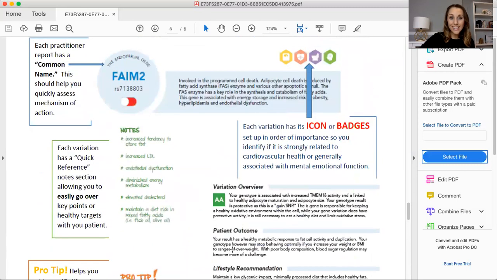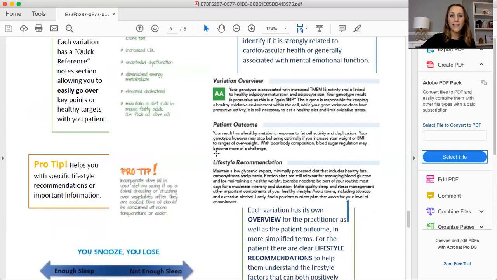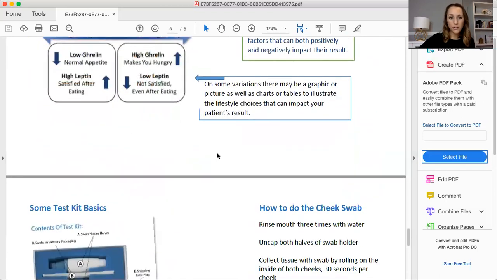So each gene itself, so the FAIM2 gene, is going to have 3 different pages with 3 different variations, and you will choose and print out the page that is appropriate, that matches the genotype for your patient and matches what you want to counsel your patient on in lifestyle counseling, whether it is the totality of the entire report and all 48 SNPs that we do test for, or if you're just choosing the specific panel that's most appropriate for you or your patient.